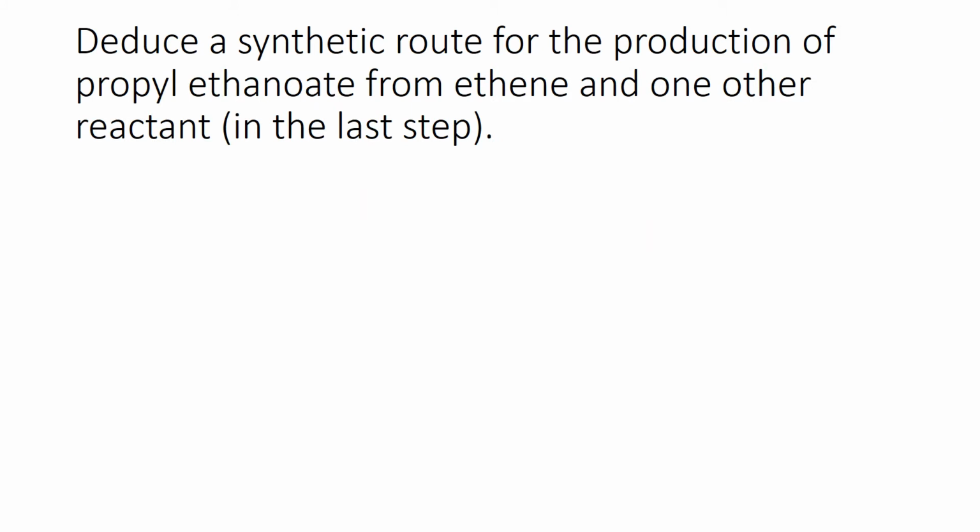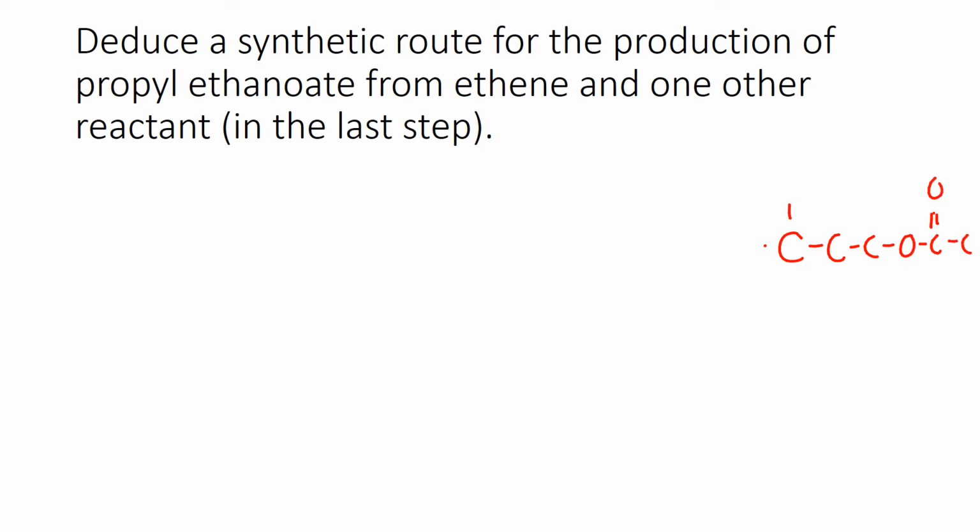Now let's look at another one. This is going to be 3 steps. Deduce a synthetic route for the production of propyl ethanoate from ethene, and we're going to need one other reactant in the last step. Propyl ethanoate is an ester.